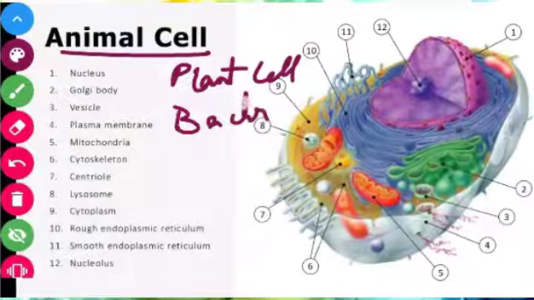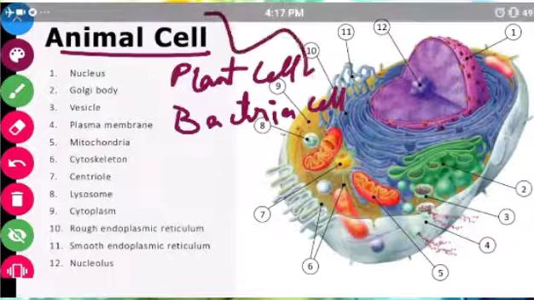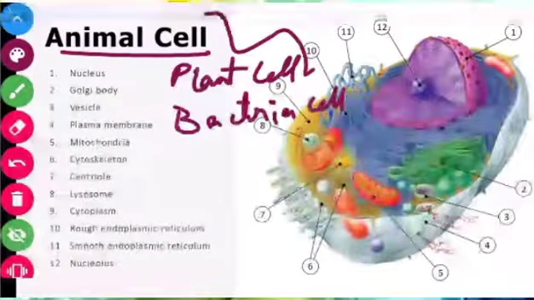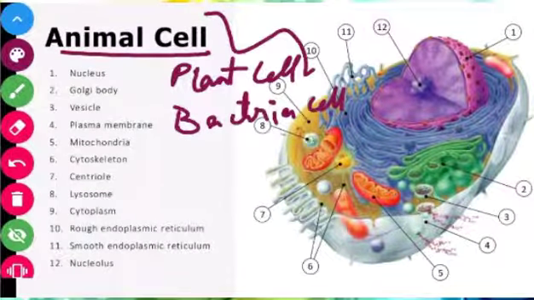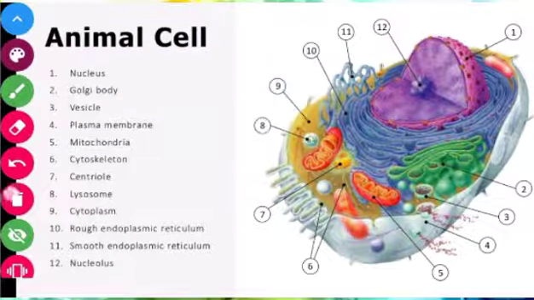The animal cell and plant cell are called eukaryotic cells, and the bacterial cell is called a prokaryotic cell. First, let us see the animal cell.